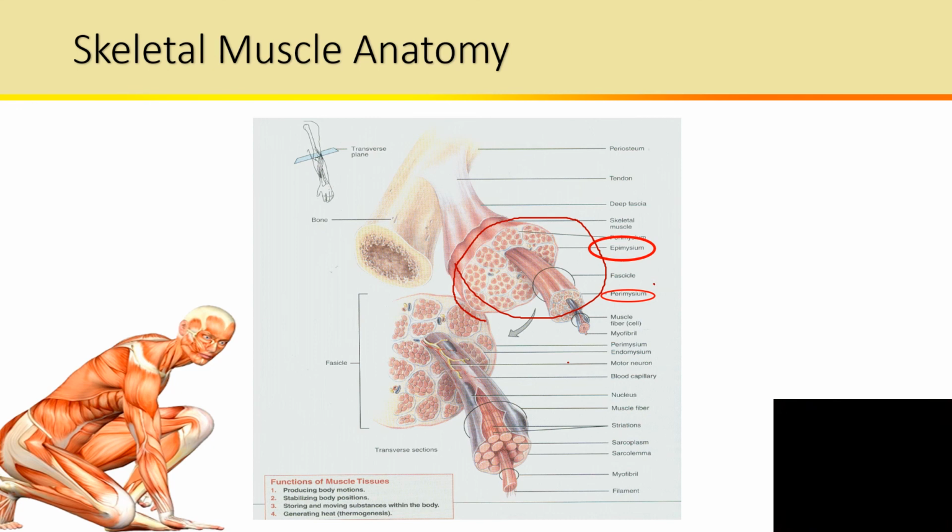Here's a bundle of fibers right here, and that perimysium would be surrounding this whole area, a bunch of individual fibers inside there. And there's the endomysium, which surrounds each individual fiber. That's not a really good drawing right there, but around each individual fiber would be that endomysium, surrounding it.